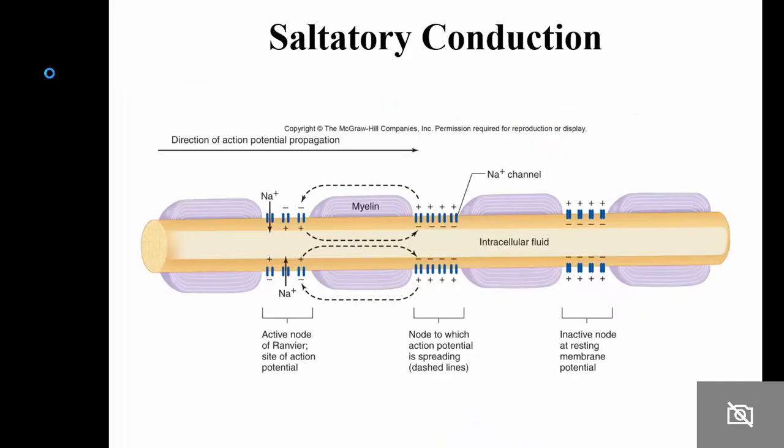Okay. So this looks at saltatory conduction, which is what I was drawing. All along the axon are sodium and potassium channels. All along this axon are voltage-gated sodium channels. When the initial segment starts this process, it opens up a few voltage-gated sodium channels, and then that gets amplified.